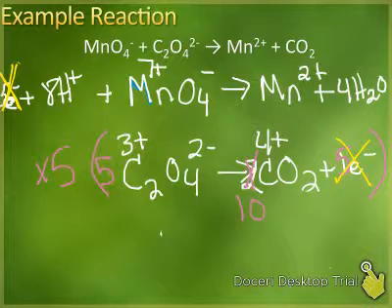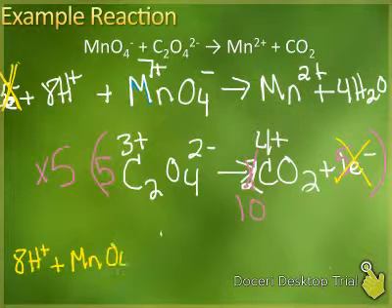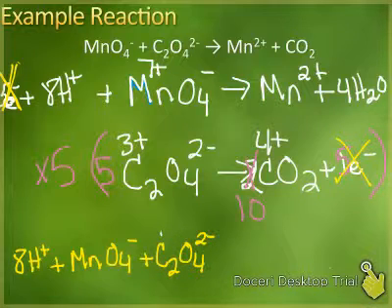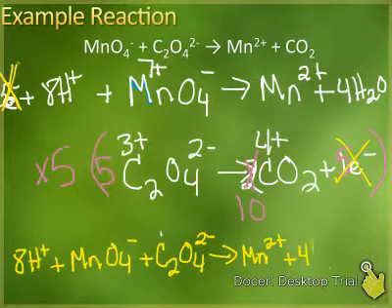So then you can just rewrite it. So we're going to have 8 hydrogens plus manganese oxide plus chromate. It's going to give you manganese plus 4 H2Os plus 10 CO2.